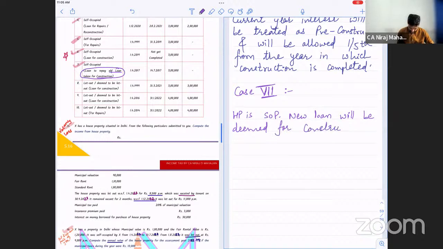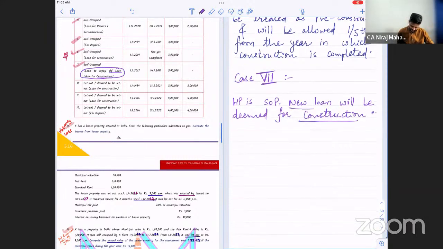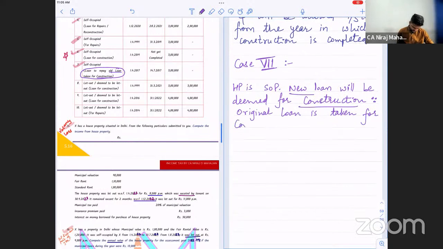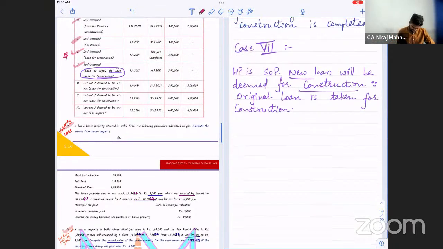Understood here? Since original loan was taken for construction, isn't it? I'm writing: since all conditions satisfied, ceiling limit is rupees 2 lakhs.